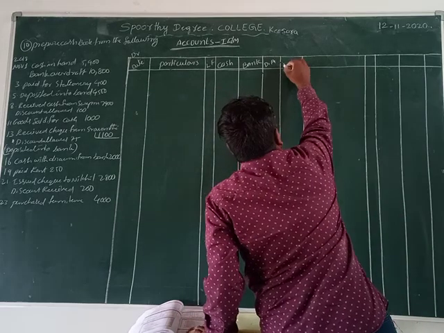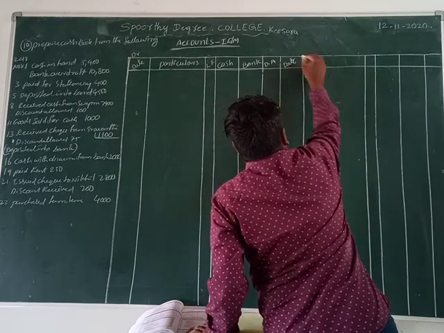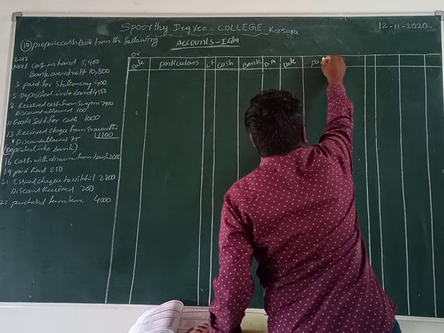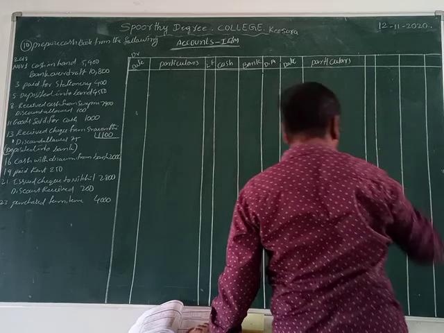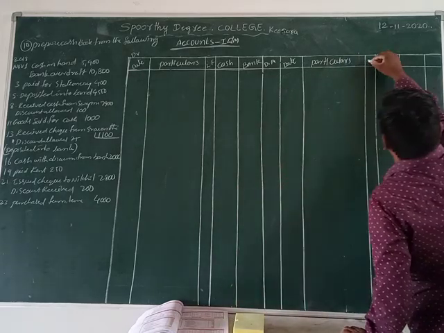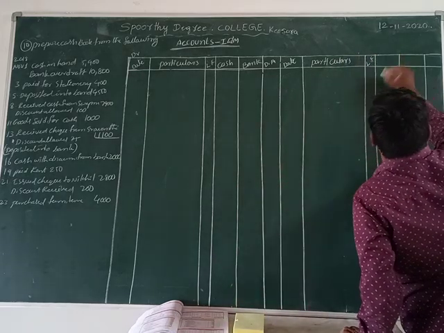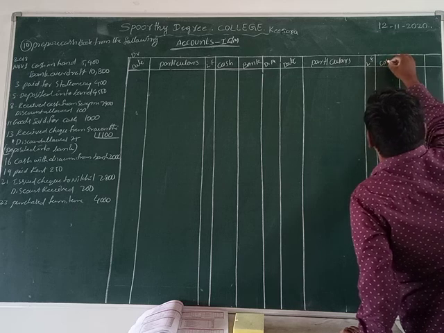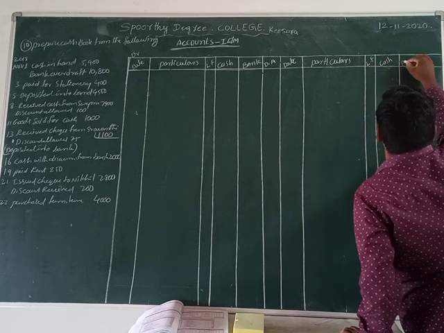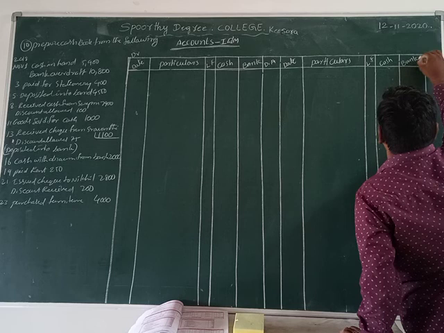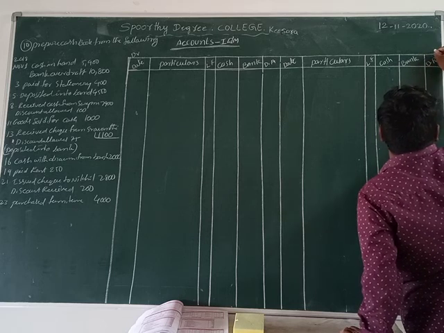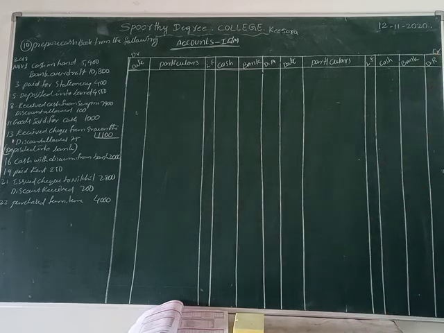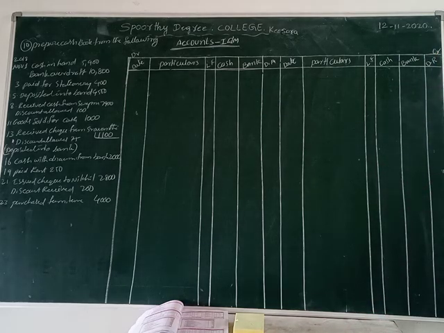At the same time, date, particulars, and next one LF, cash, bank, discount received. Isn't it? It is a credit. This is a three column cash book pro forma.